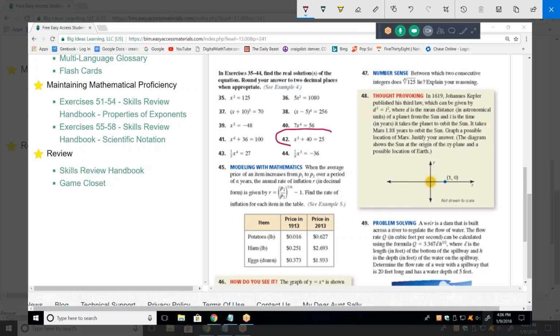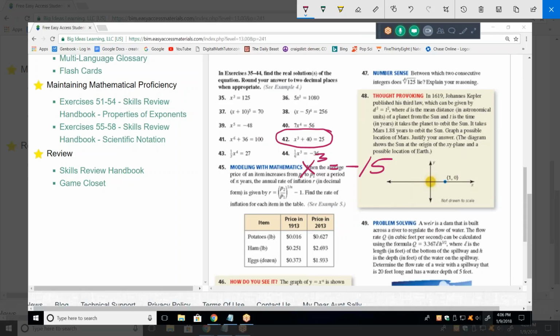Okay. How about 42? Next line. X to the third equals negative 15.